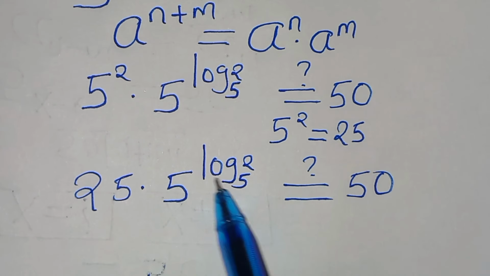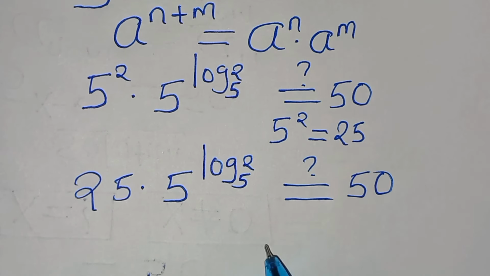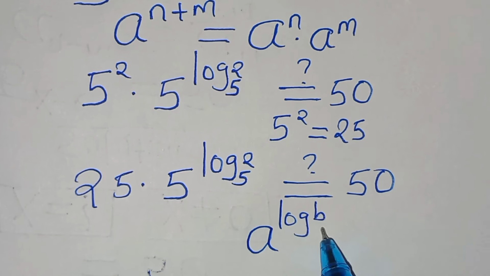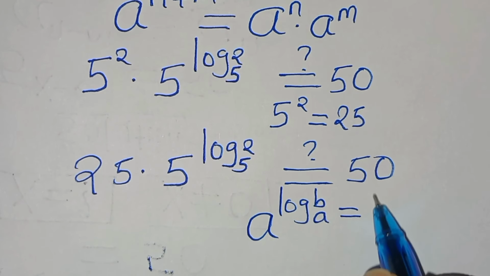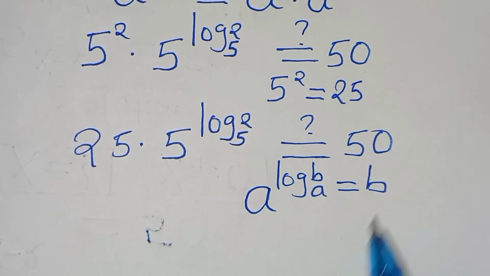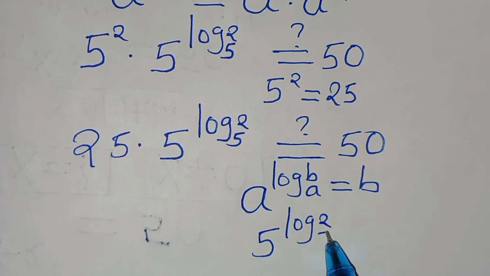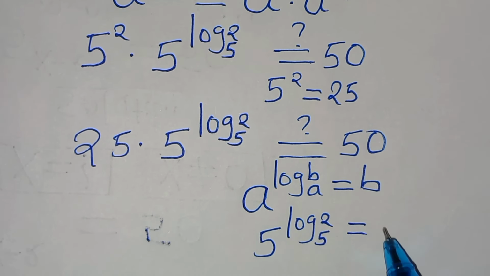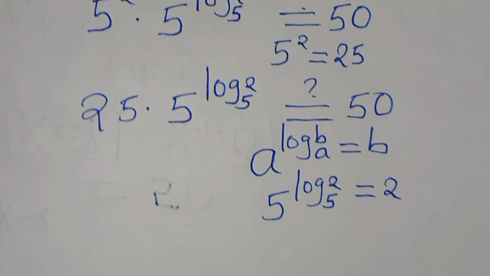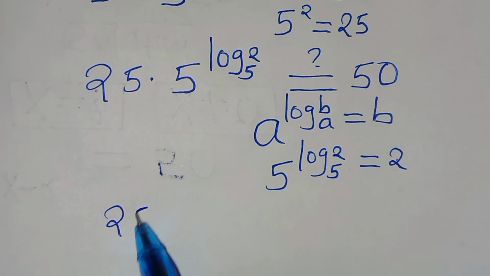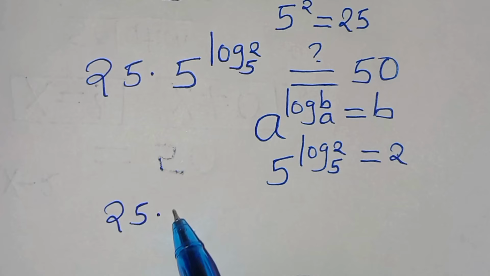Now, 5 to the power of log 2 to base 5 is in the form of a to the power of log b to base a, and this should give us a value of b. So 5 to the power of log 2 to base 5 should give us a value of 2. Substituting 2 here, we have 25 multiplied by 2.